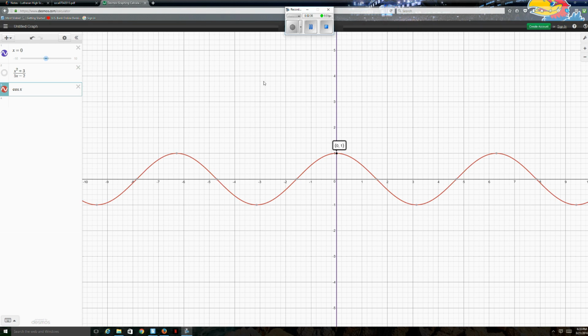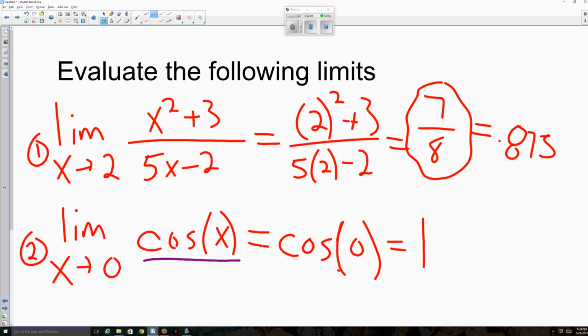I think the magic of television just happened. But you'll notice as we travel from the left on this curve and from the right on this curve, they both come here to 0, 1. And so we're looking at the y value. The y value is our limit. That's 1. Remember, our x value was 0, and our y value is 1.